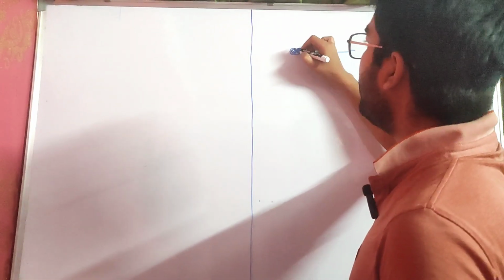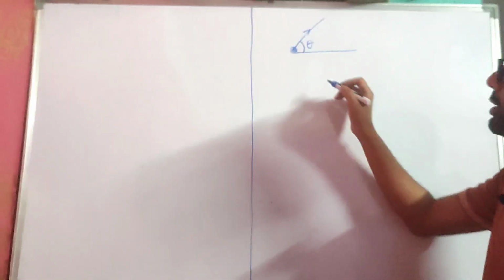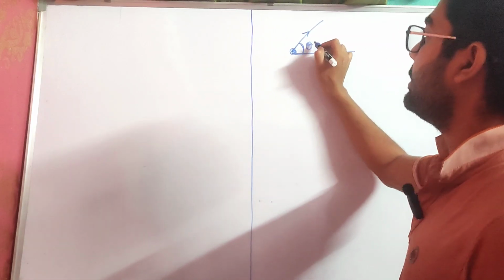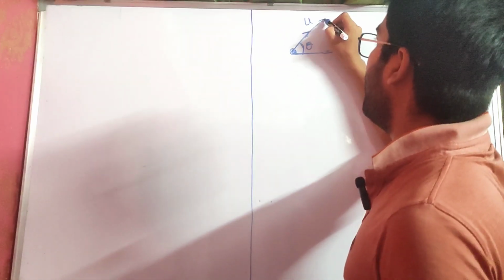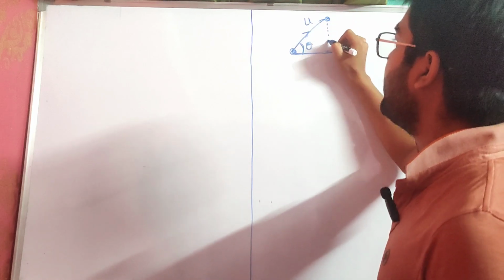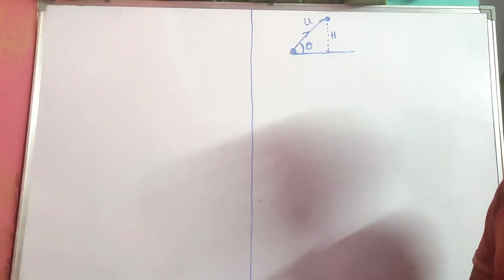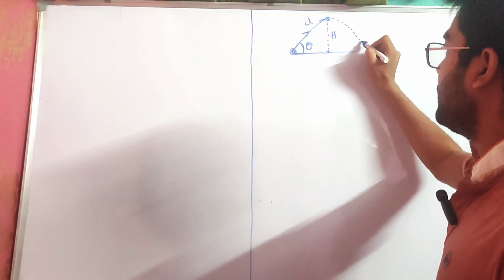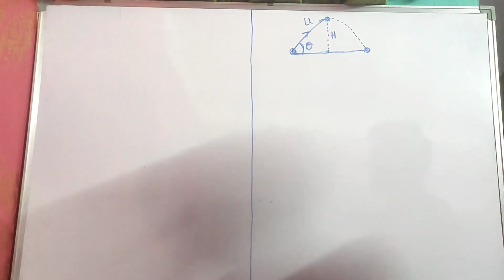When a body is moving with an angle theta with the horizontal line, with a velocity u, then this body flies to a highest height, and again this body falls down on the base.